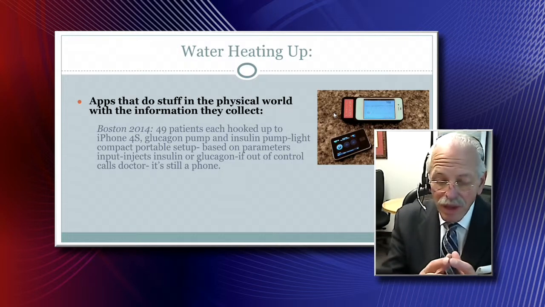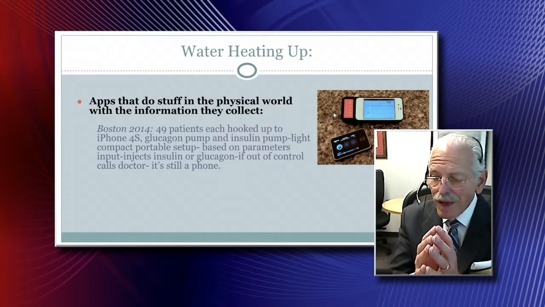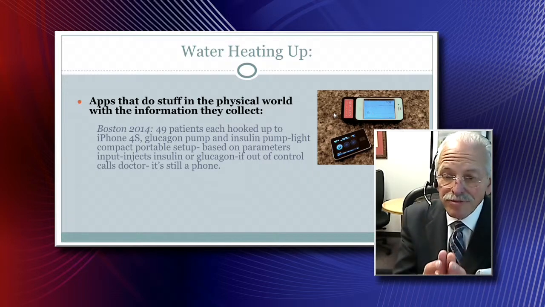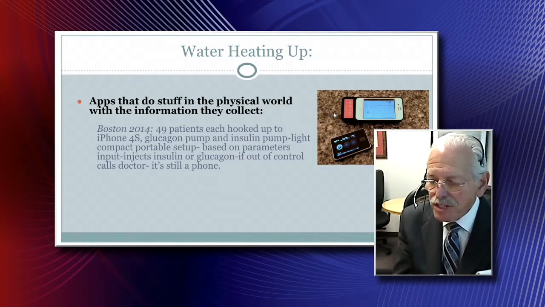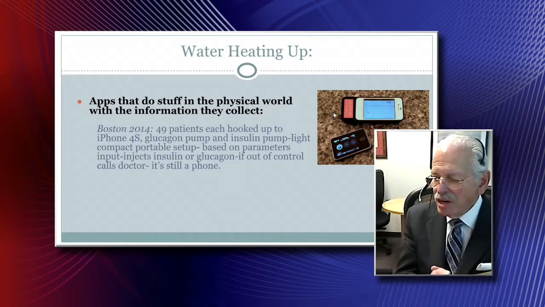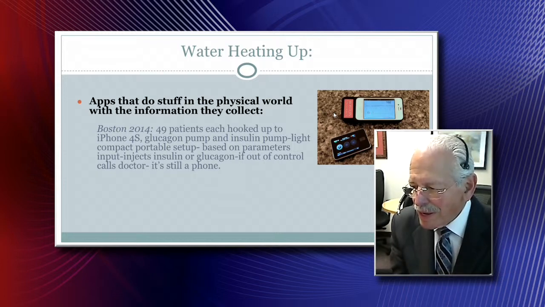So what's changed in the Internet of Medical Things is that we now have applications that do stuff in the physical world with the information that they collect. 49 patients, Boston, this year, iPhone 4S, a glucagon pump, and an insulin pump.